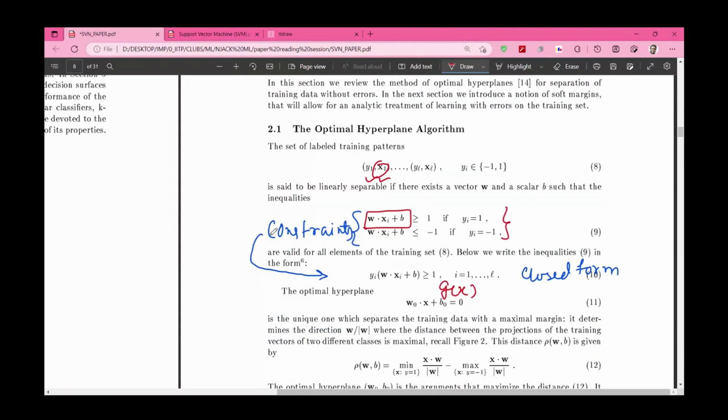And now to get a closed form of these constraints, we are just writing yi, so this gets multiplied with this one, and then we get yi times (w xi plus b) is greater than or equal to 1. So this is the closed form of the constraints that we have in the hard margin SVM. And now we have the optimal hyperplane's equation, w naught x plus b naught equals 0, and w naught and b naught are the trained weights that we have for our model.